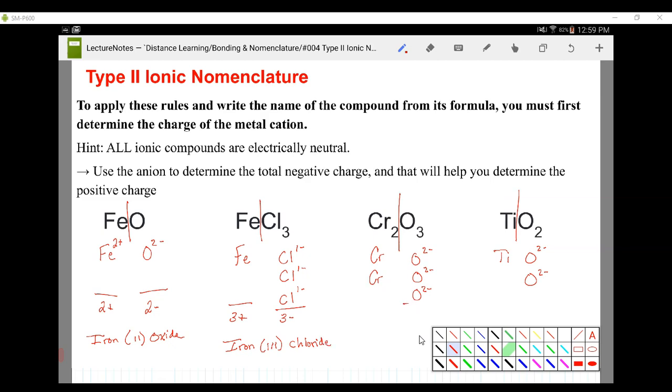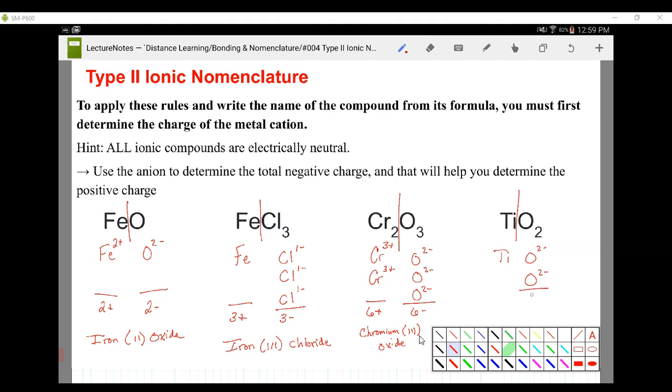In the third example, we have a total of -6, which means we need a total of +6. There's two chromium ions, which means each one must be a +3 to add up to a total of +6. So this one would be chromium 3, to represent the 3 positive charge, oxide.